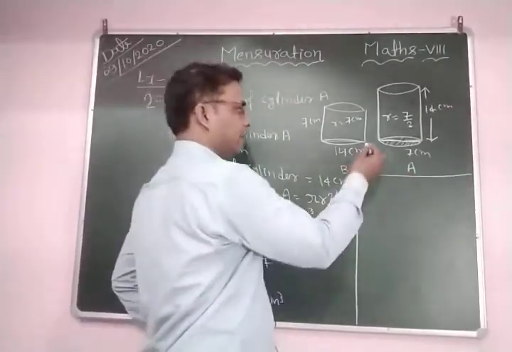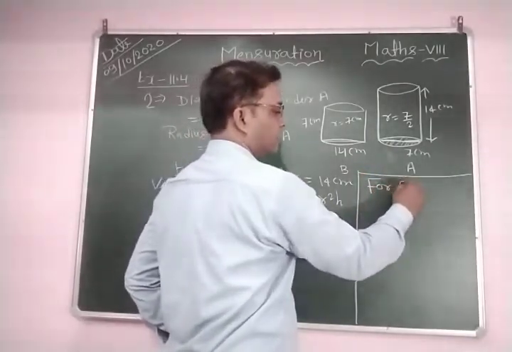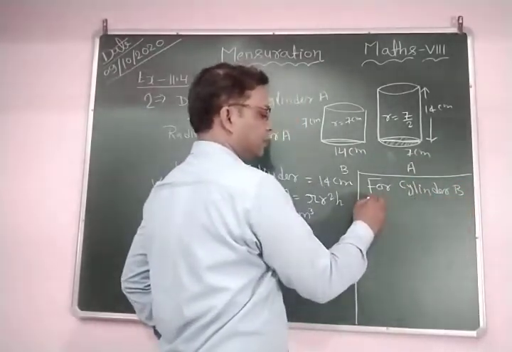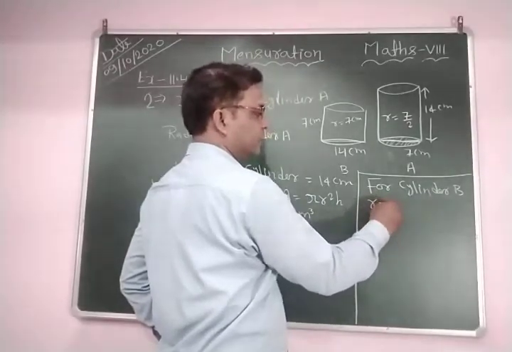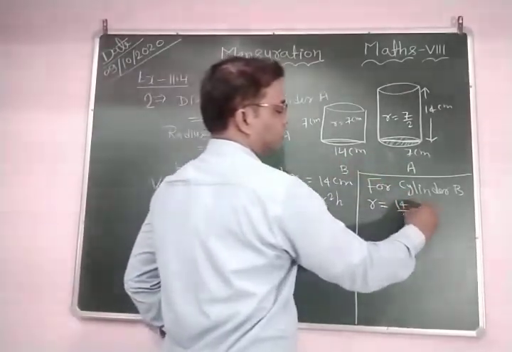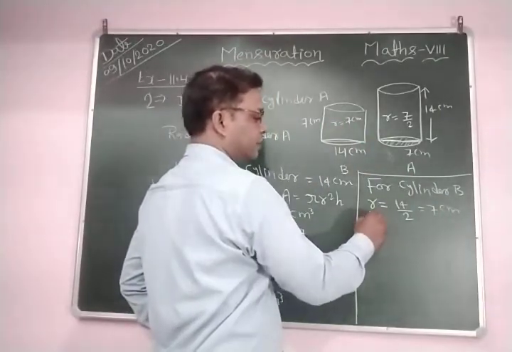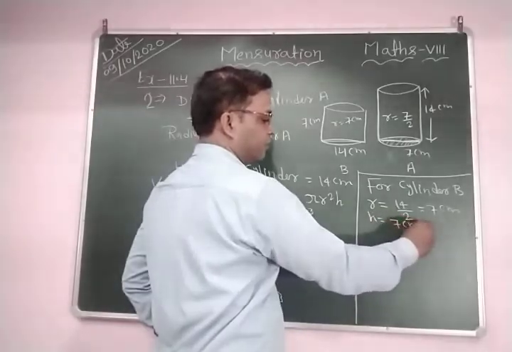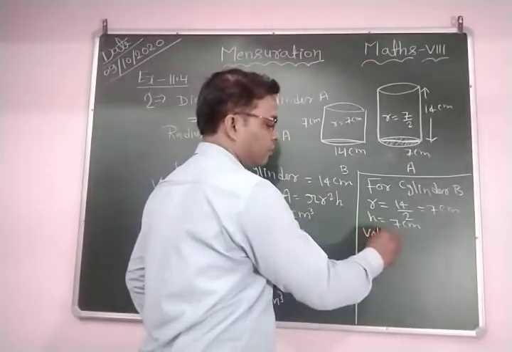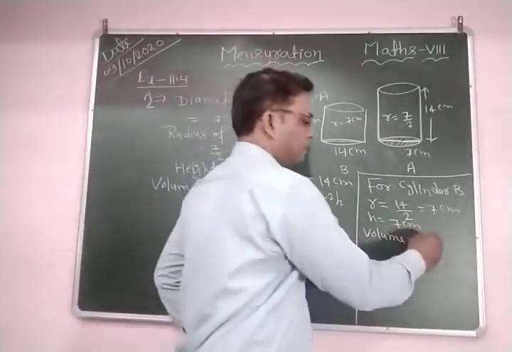Now we are going to find the volume of cylinder B. For cylinder B, the radius r is equal to 14 by 2, because this is the diameter, so it is 7 centimeters, and the height h is again 7 centimeters. So the volume of cylinder B is equal to pi r square h.